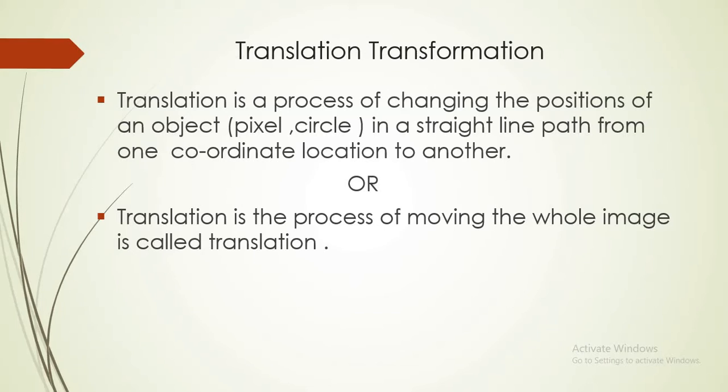Translation is a process of changing the position of an object in a straight line path from one coordinate location to another. So translation is the process of moving the whole object.